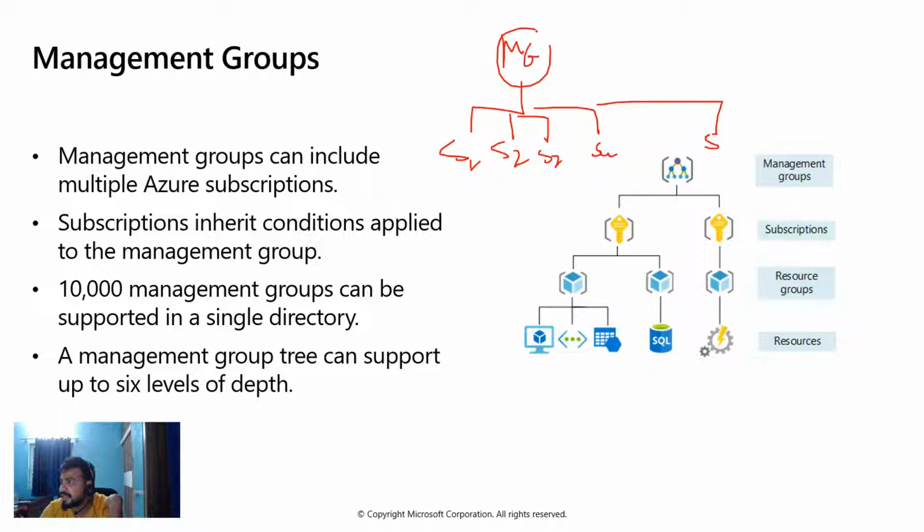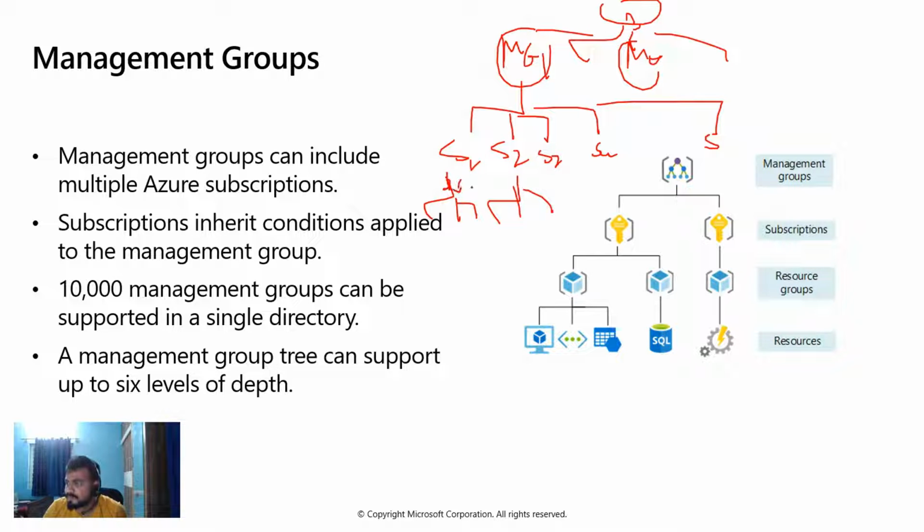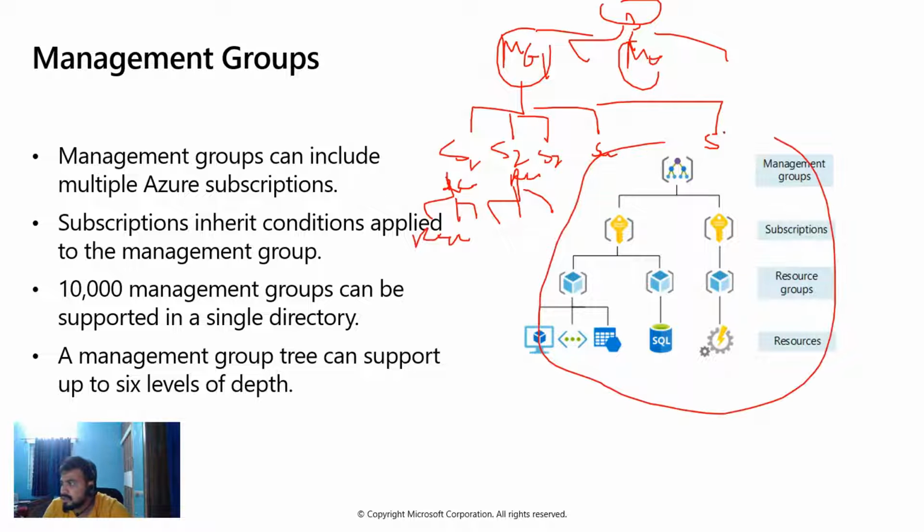Also I can have management 1, management 2, directory level, main boss, 1 2 3, again here subscription, again here roots, and so on. Here resource group, resources. I know this diagram is messy, but just try to relate it with this diagram. So this is the resource group, this is a subscription, this is the management group, and these are the resources of Azure.